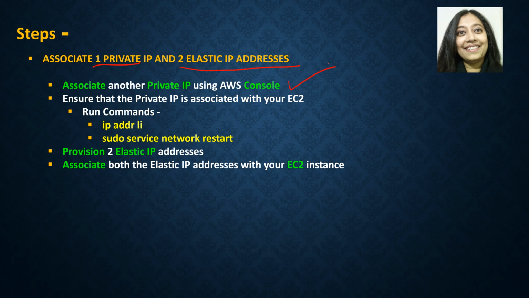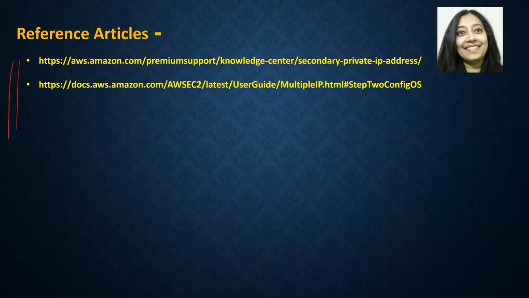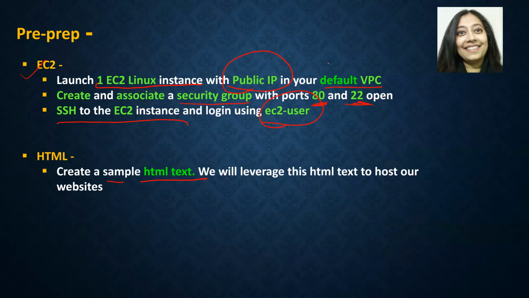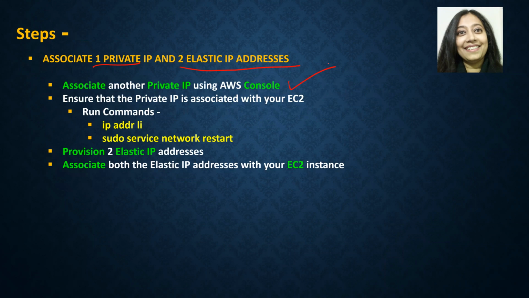Now, if you remember, I had shared these reference links with you. And these reference links essentially talk about what are the various changes that you need to perform at an OS level or some configurations that you need to do to ensure that the second private IP address that you have provisioned is recognized by the OS on your EC2 instance.